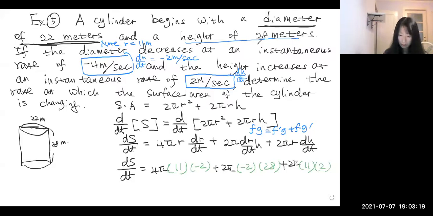Can you please calculate everything? Negative 156 pi. You said negative 100? 156 pi. Okay, everything, not just pi. Everything.